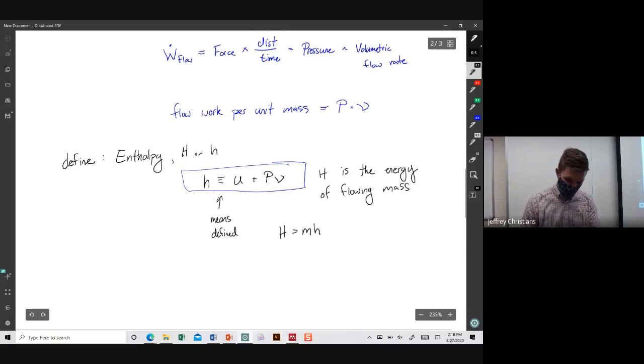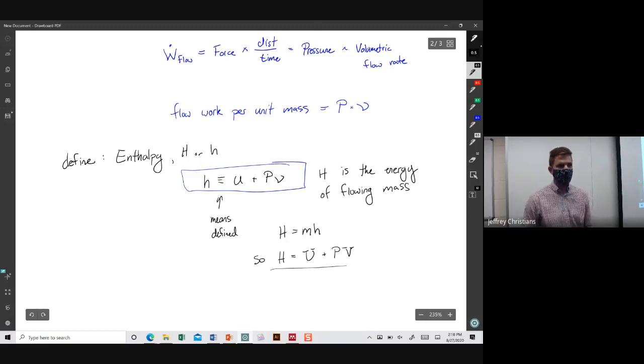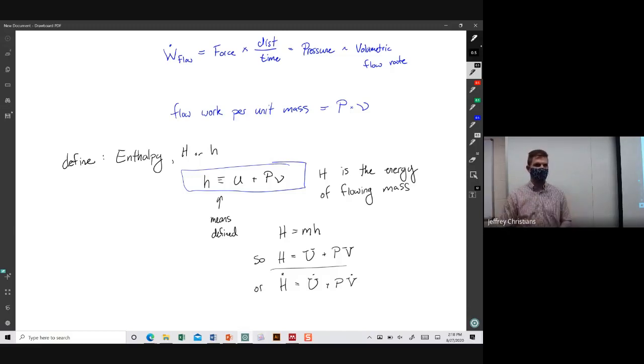So you could rewrite capital H equals capital U plus P capital V, or capital H dot equals capital U dot plus P capital V dot. All of these equations are the same. You're just changing how you're dealing with mass.